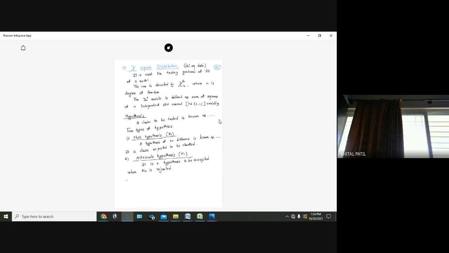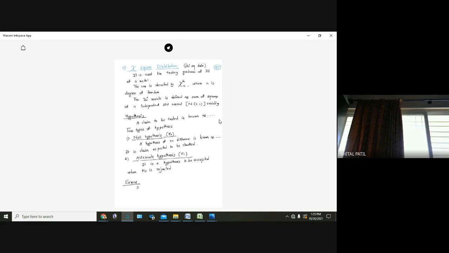Errors. Right. Since now see in statistics, what we are doing, we are collecting some data and then we are approximating it. And whenever we are approximating some data, there are chances of errors. Okay.